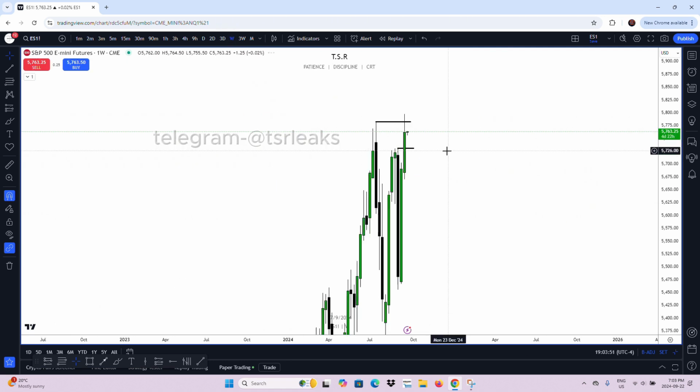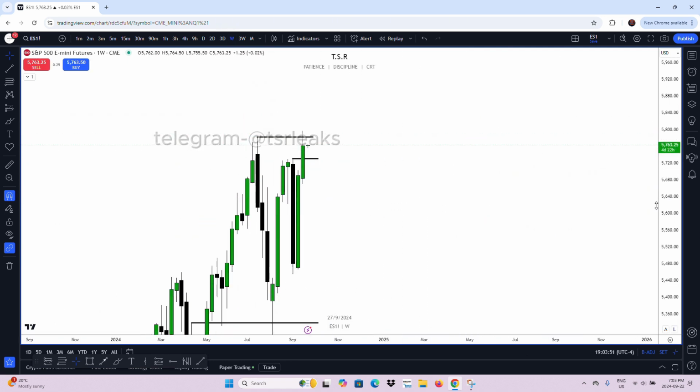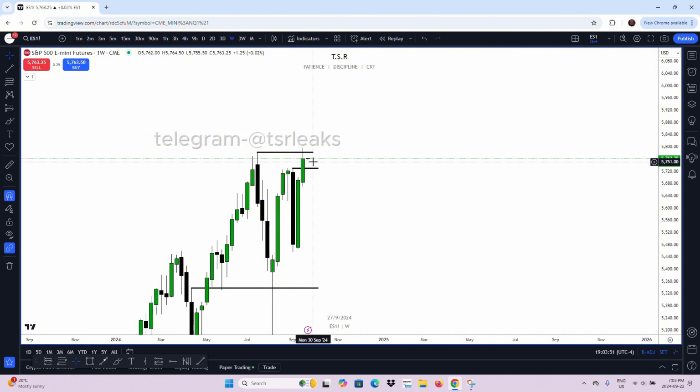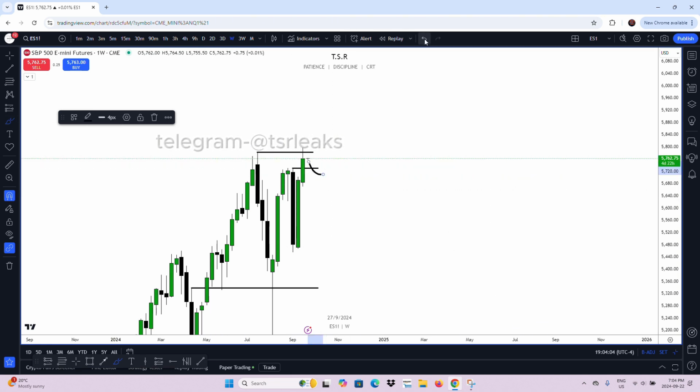So drop back to the weekly time frame. Is price going to come down into the key level, respect it right away and reverse right away up? A possibility, but not likely.